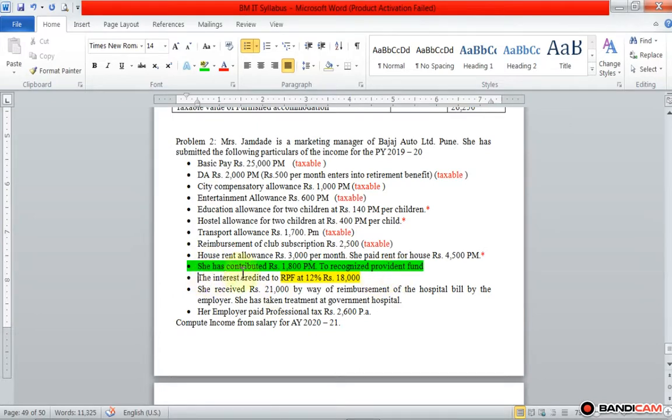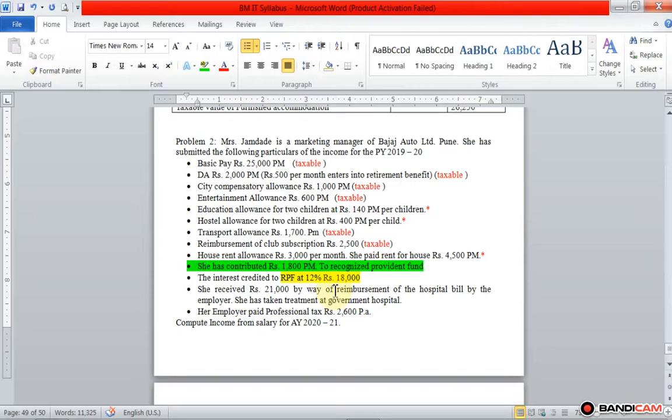Then the interest credited to RPF. We already studied the tax treatment of provident fund. So here, the recognized provident fund: interest credited to recognized provident fund of the assessee up to the specified rate is exempted.